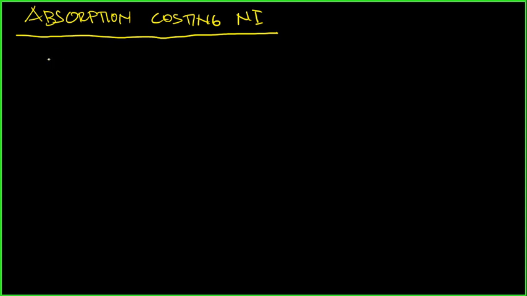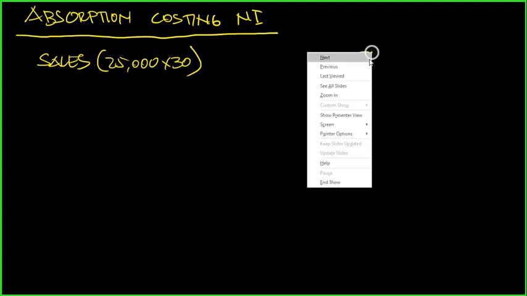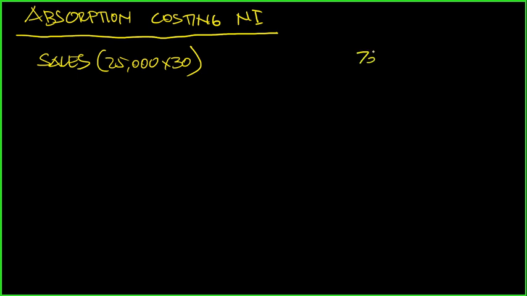Anyway, let's continue. We start with your sales. You were able to sell 25,000 units, multiplied by 30. So 25,000 times 30, that's 750,000. And then, what about your cost of goods sold? Again, this is year 1, under the assumption that there is no beginning inventory.